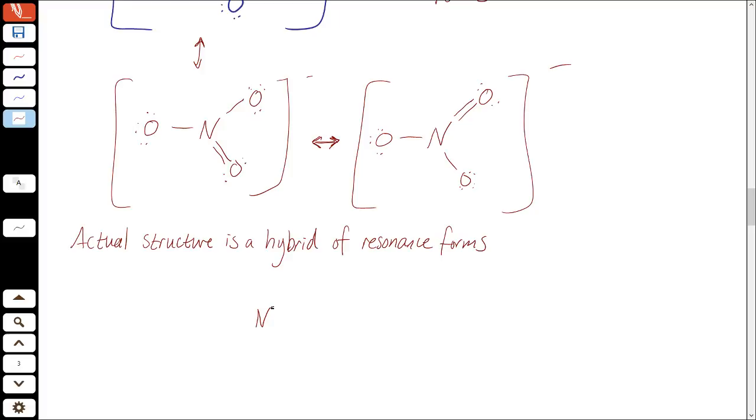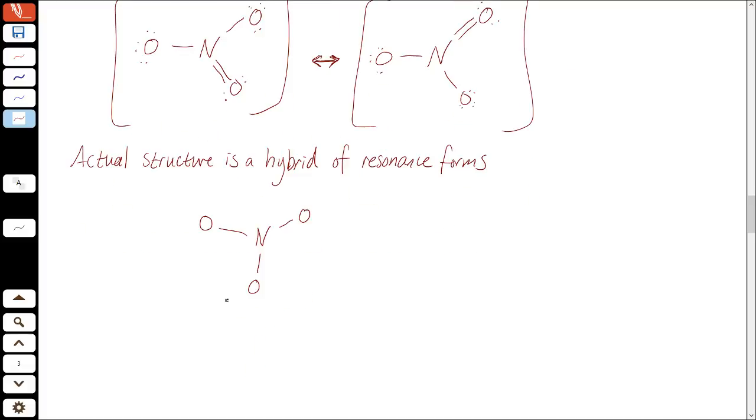And in reality, that's not quite right. So when we start thinking about these ideas, it kind of breaks down a little bit. But a resonance hybrid might be something like this, where you have partial bonds that you could describe as a 1 1/3 bond between a single bond and a double bond.